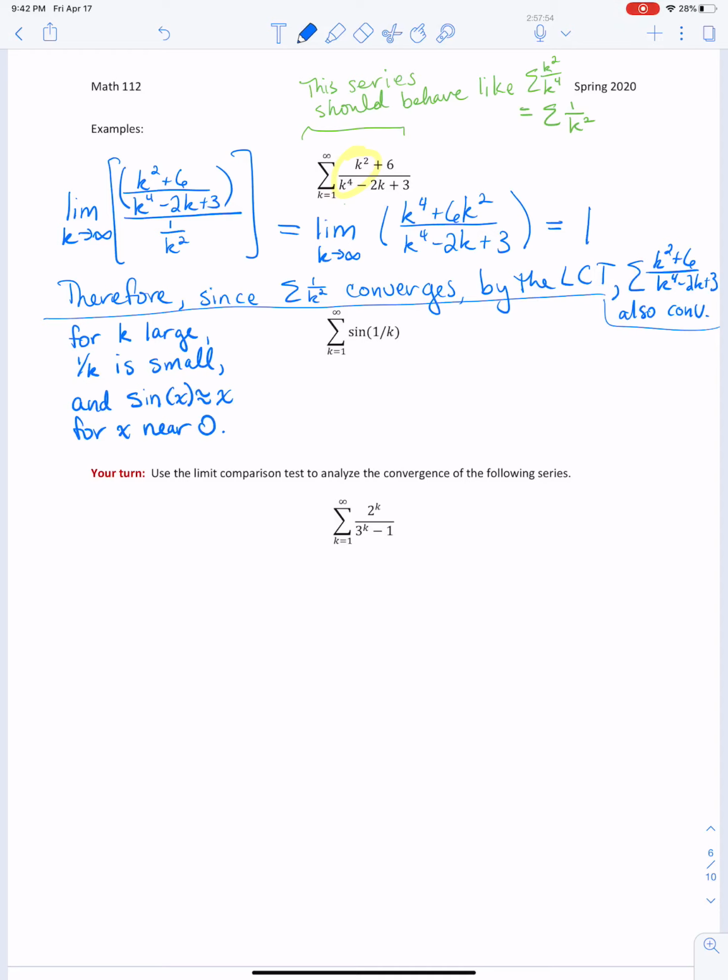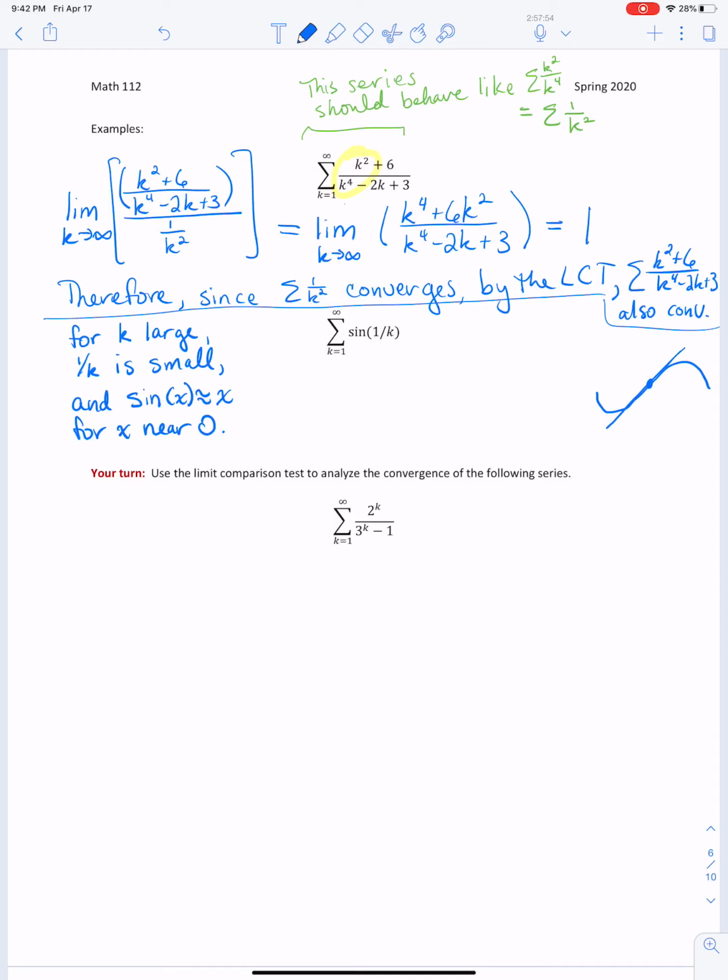Okay, and one way to think about that is if you think about derivatives, right? The tangent line approximation to the sine curve is exactly the line y of x equals x near 0. So we want to be thinking about this representation here.